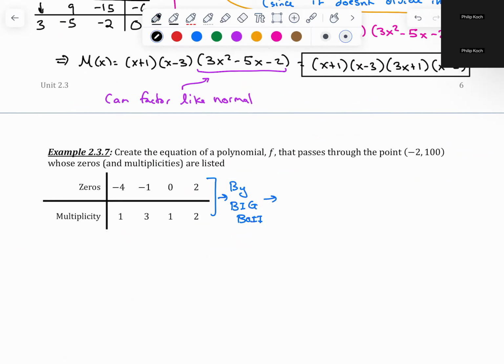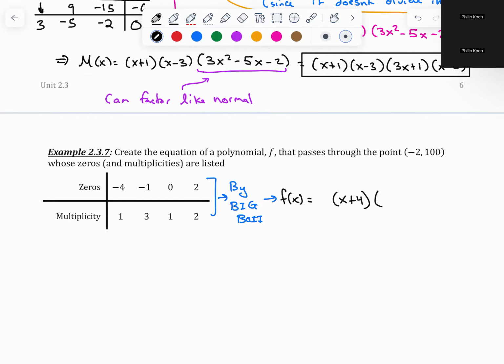We know that f of x will equal, leave a little bit of space after the equal sign, just enough for a letter, and then write, okay, we know that x minus negative 4 is a 0. That means that x plus 4 is a factor. Furthermore, we know that it has multiplicity 1, so the exponent on that factor should be 1. We also know that negative 1 is a 0 of the polynomial.